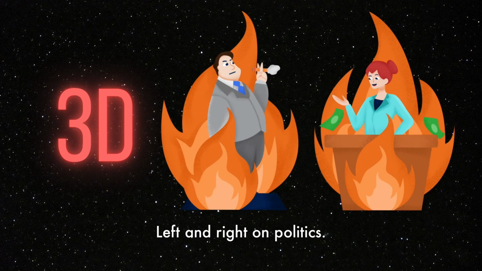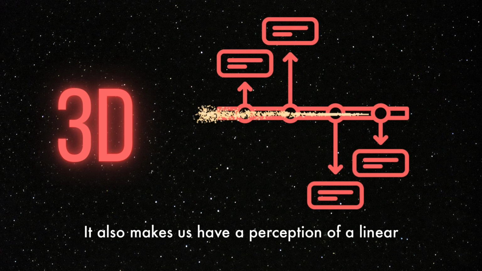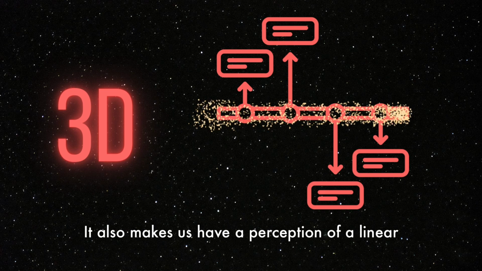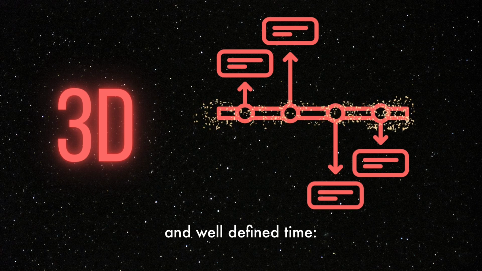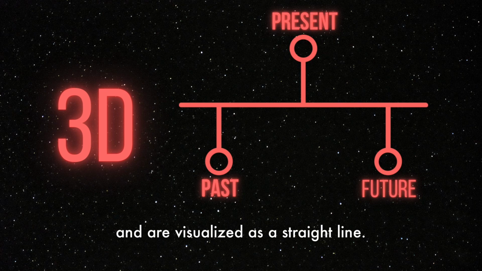Left and right on politics. Either you are with me or against me. It also makes us have a perception of a linear and well-defined time. Past, present, and future are very stable and are visualized as a straight line.